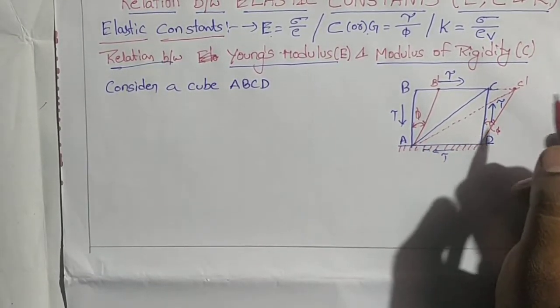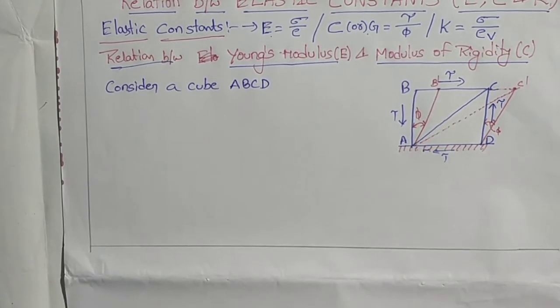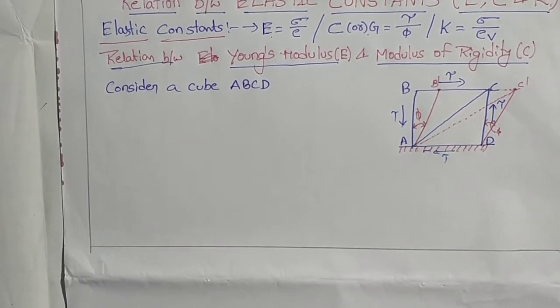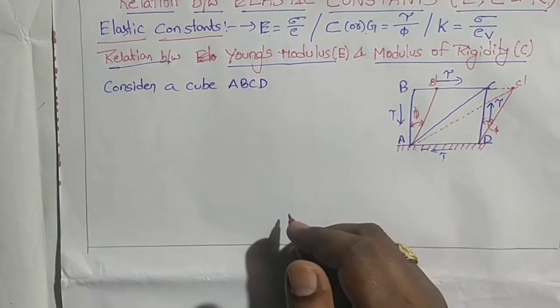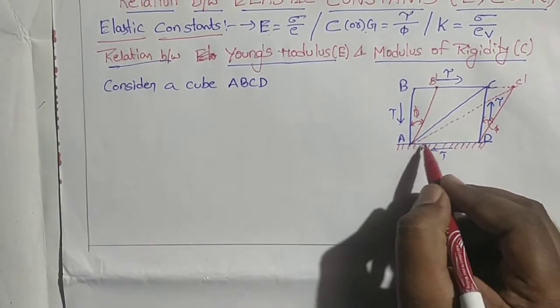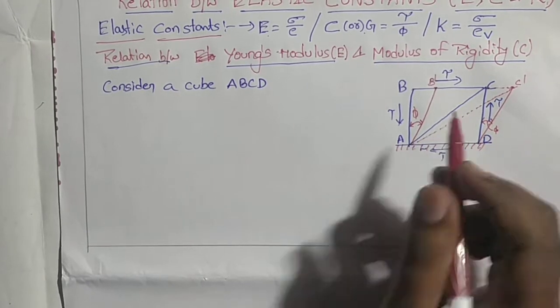Next, we need to calculate the strain produced in the diagonal AC.